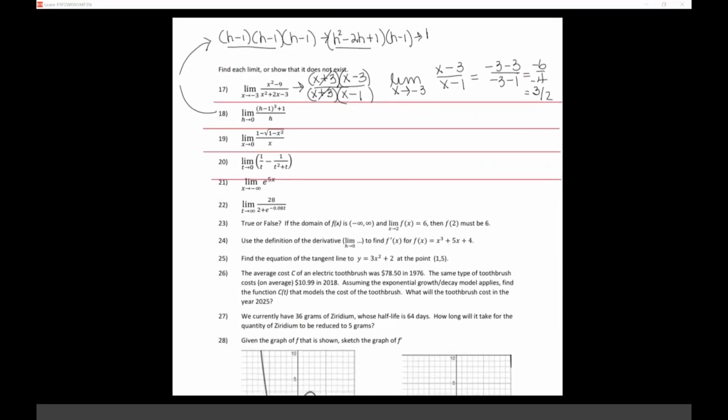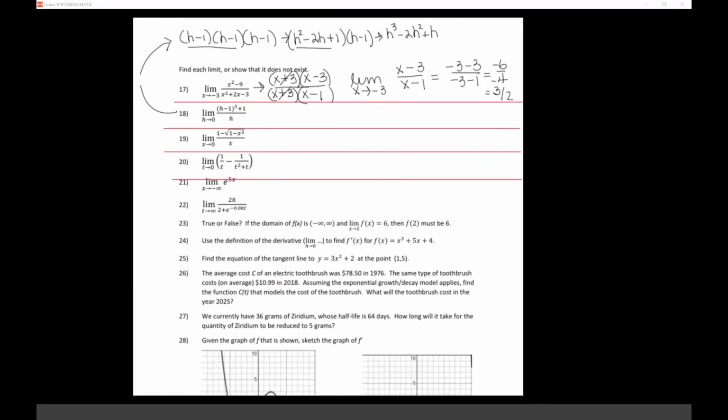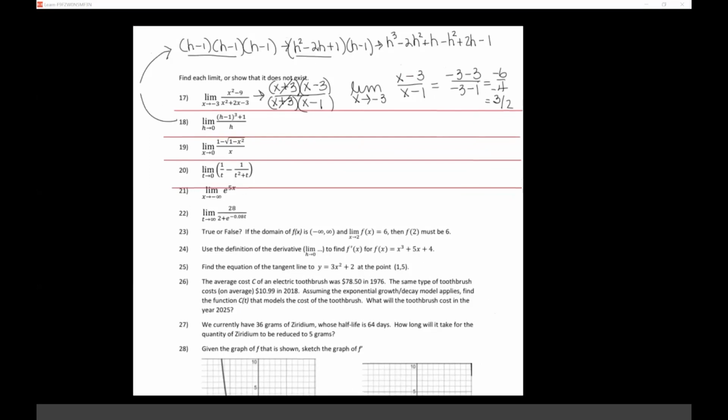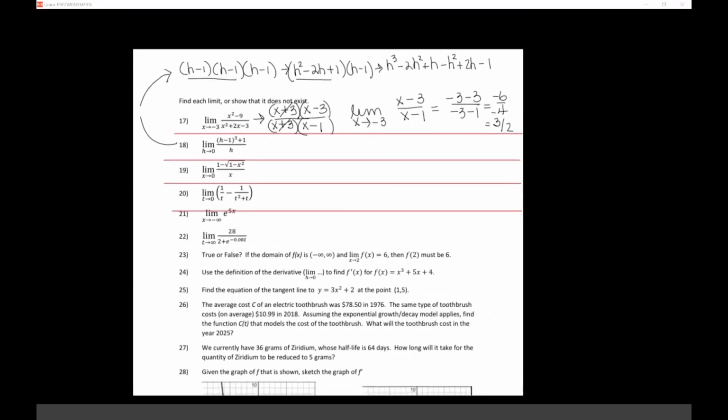So I'll do the h first. And then the minus 1. Notice distributing the minus 1 means I have all the terms in the first trinomial except the signs are all reversed.